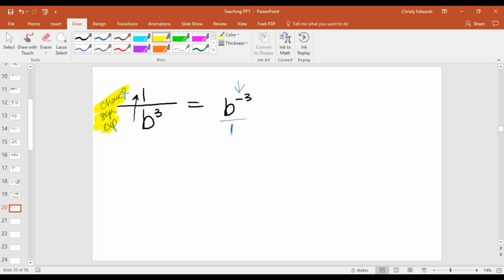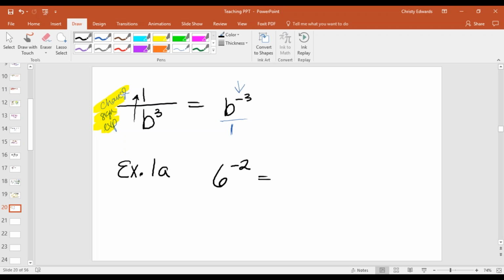And it works with numbers. So example 1a has 6 to the negative second, and it says, write an expression using a positive exponent. So what does that mean?